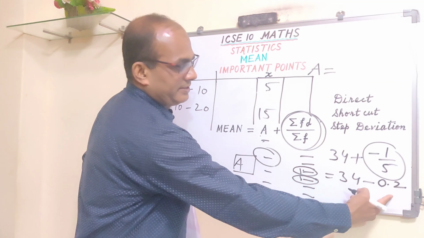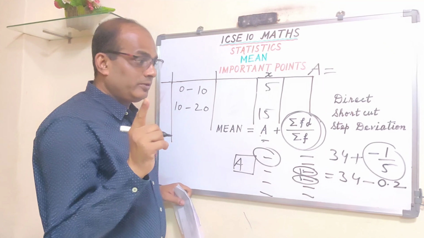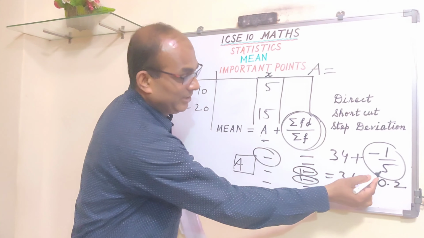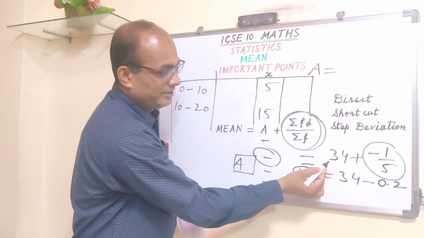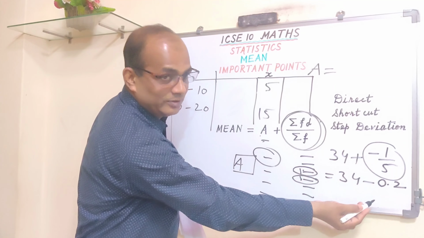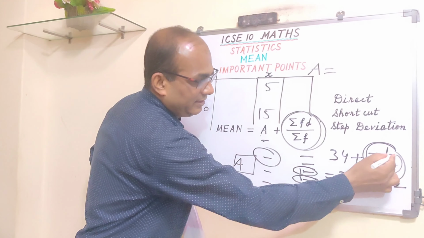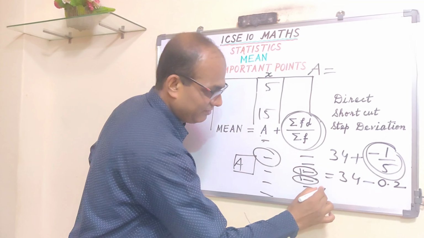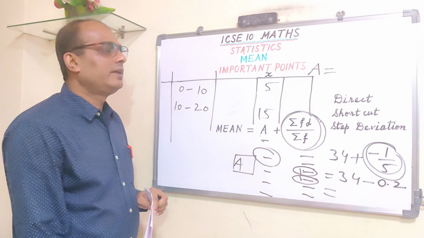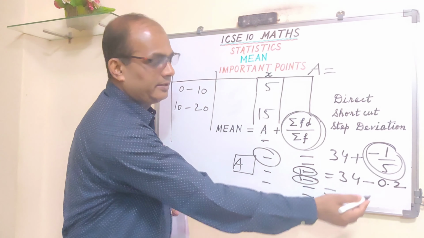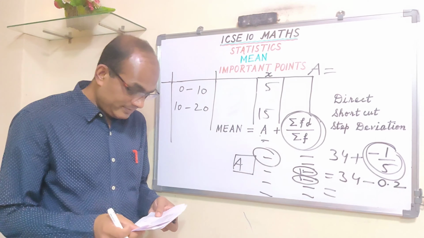And now you subtract. What some of the students do is multiply 5 by 34, then subtract, and then divide, so I think this is better. You simplify this and then subtract. Easiest way, and then you get the answer. Something 33 point something. Fine.